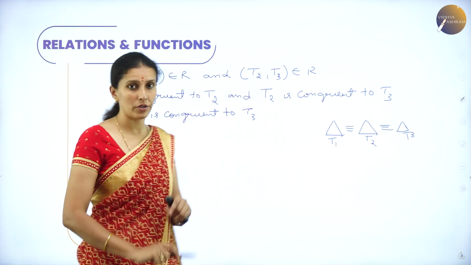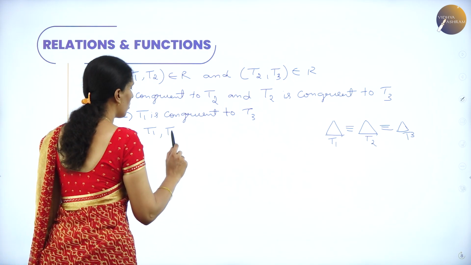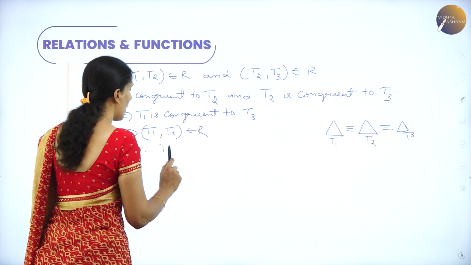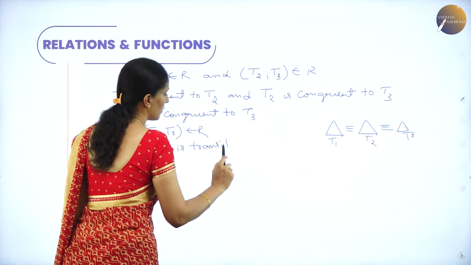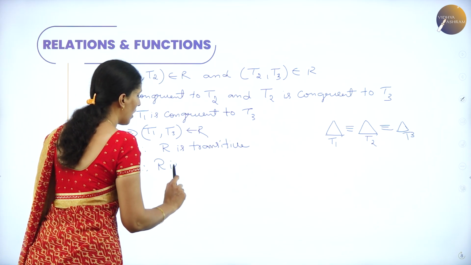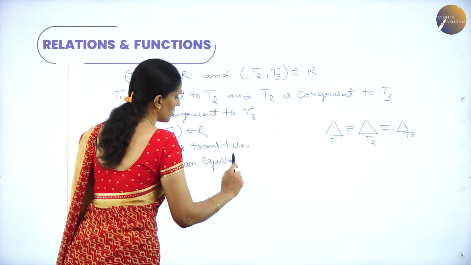That is, they are congruent to each other. Hence I can conclude T1, T3 belongs to R. Therefore, R is transitive. So, therefore, I can write R is an equivalence relation.